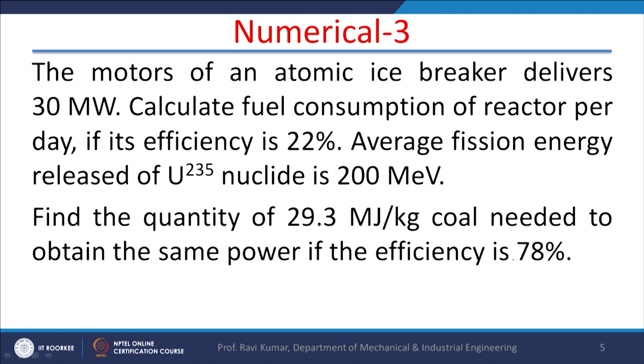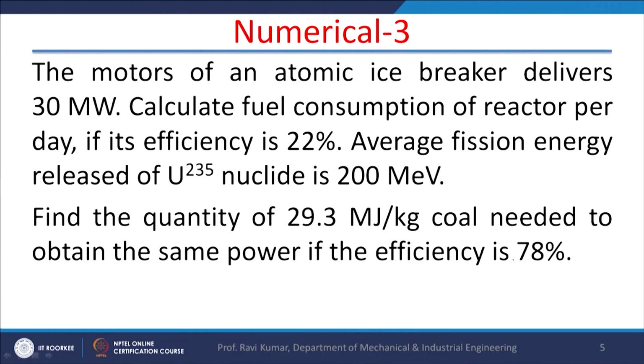It is about the motors of an atomic icebreaker which deliver 30 megawatt. Calculate the fuel consumption of reactor per day if its efficiency is 22%. The reactor efficiency is 22%.